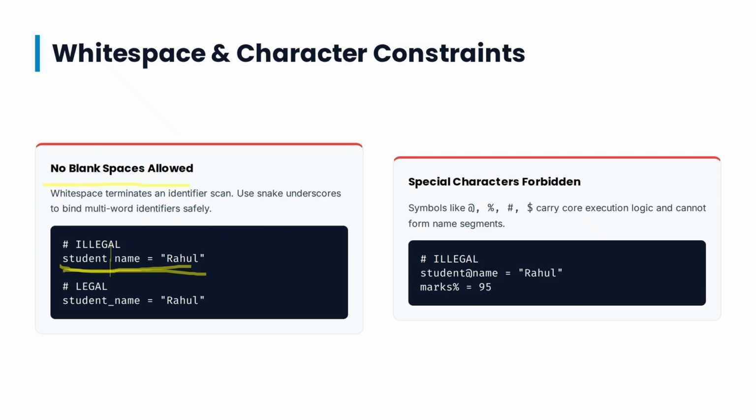But when we use student_name = 'Rahul', this is legal, as we are joining two words into a single word. Special characters are forbidden. Symbols like the dollar sign, percentage and hash carry special logic and cannot form name segments. Student@name = 'Rahul' is illegal. Marks% = 95 is also illegal.